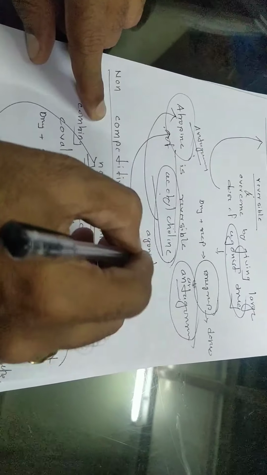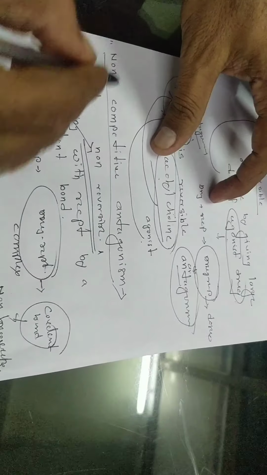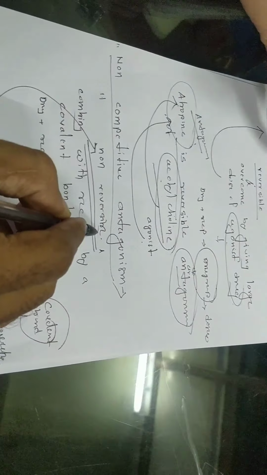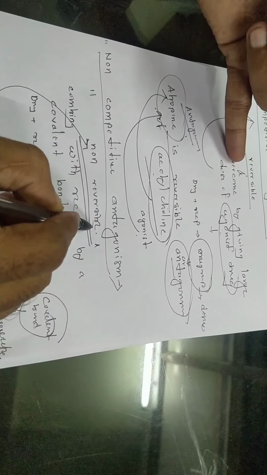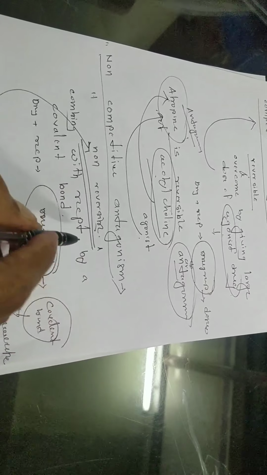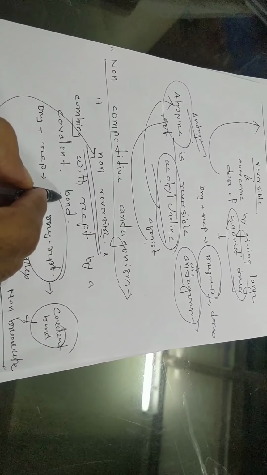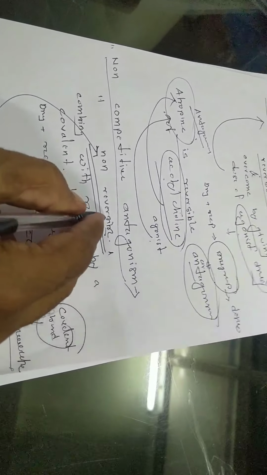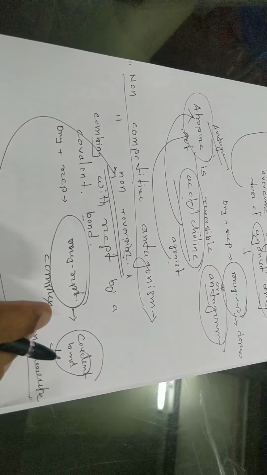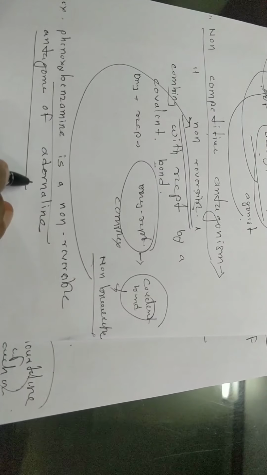Now the next class is non-competitive. It is non-reversible. Previously you saw that competitive is reversible. It binds the drug to the receptor by a covalent, unbreakable bond, and that's why it's called non-reversible. It's called non-competitive. Example: phenoxybenzamide acts as a non-reversible antagonist of adrenaline.